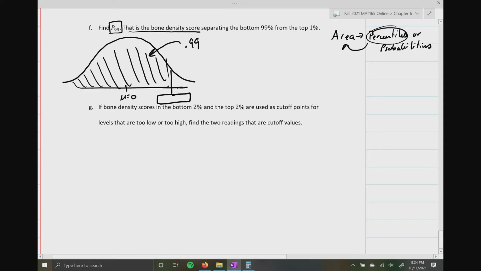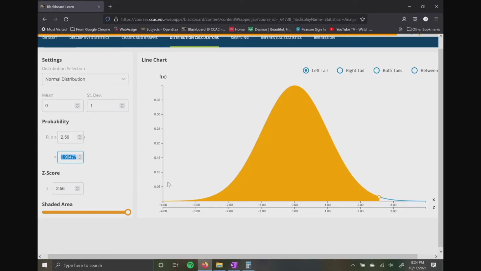So let's go ahead. I'm going to use SALT again for this. I want a left tail, and inside where it says probability, I'm just going to type in 0.9900 because I want 99%. And that z-score is going to be 2.3263, or I'm going to round it to 2 decimal places, 2.33.